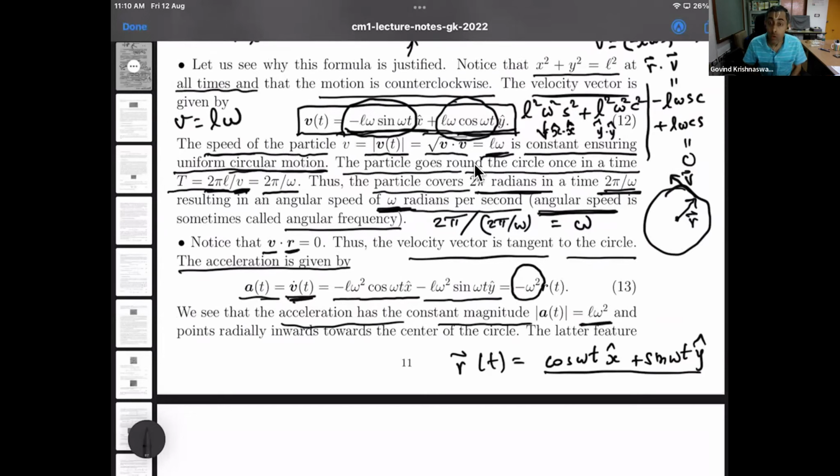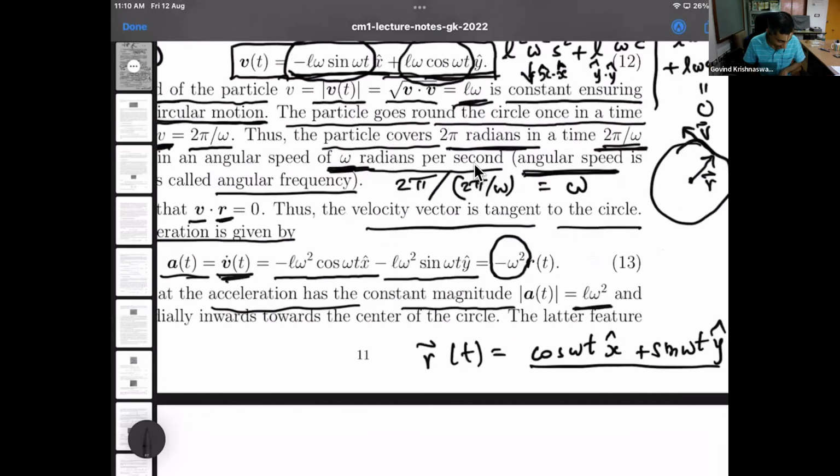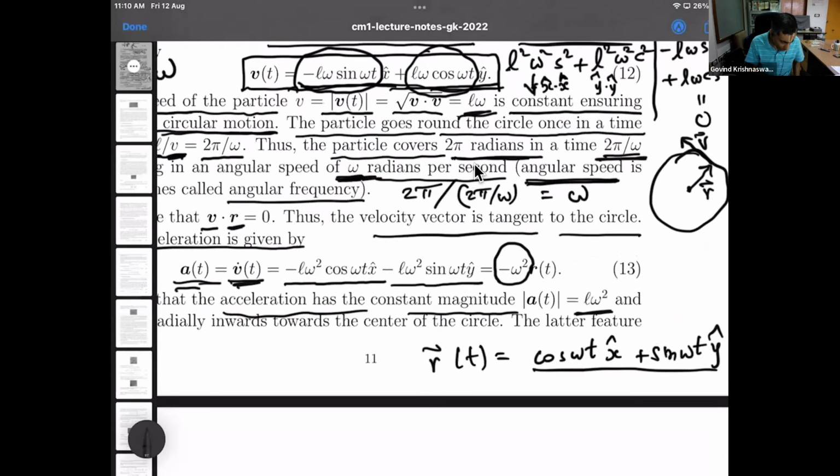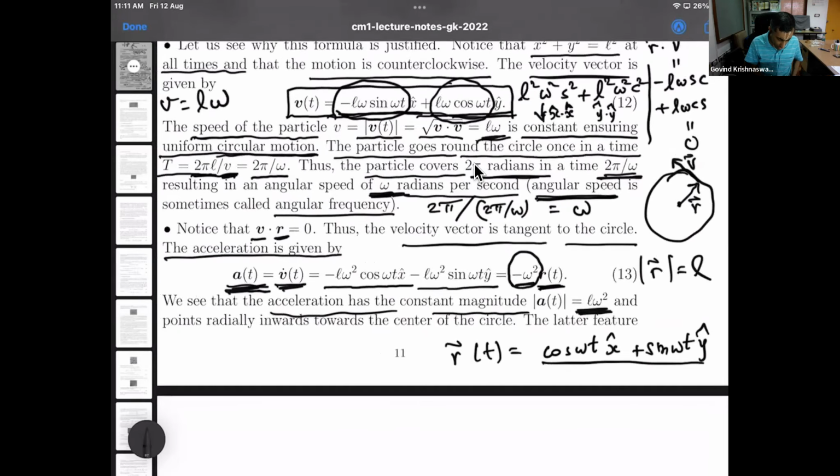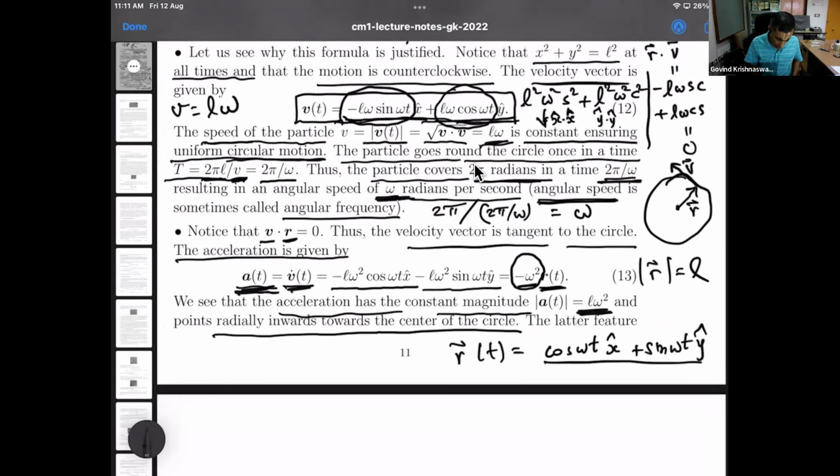It is easy to make a silly mistake here and say that this formula says the magnitude of acceleration is equal to omega squared times the magnitude of R, but the magnitude of R is L because that is the radius of the circle. So that is our magnitude of acceleration. And we also observe that it points radially inwards towards the center of the circle because of this minus sign.